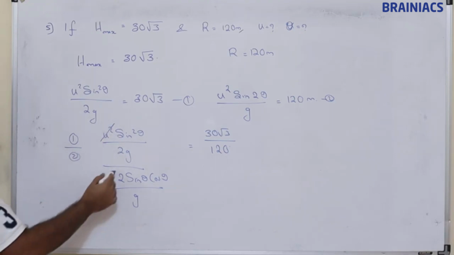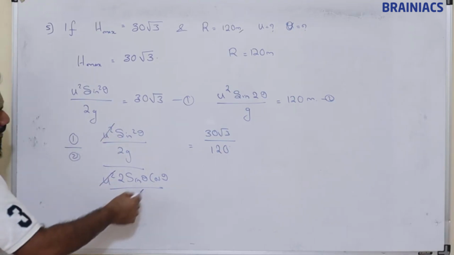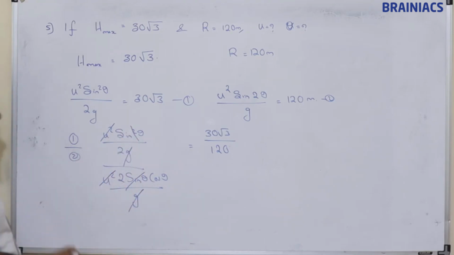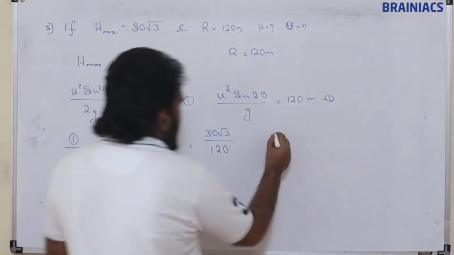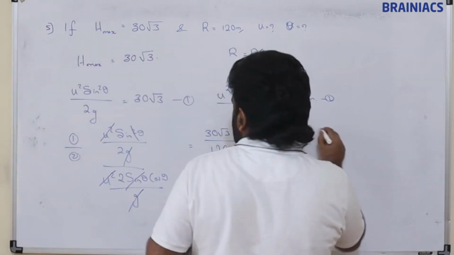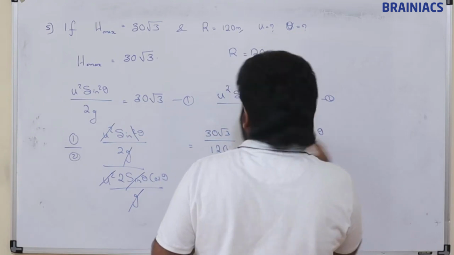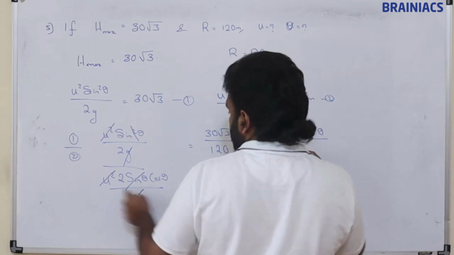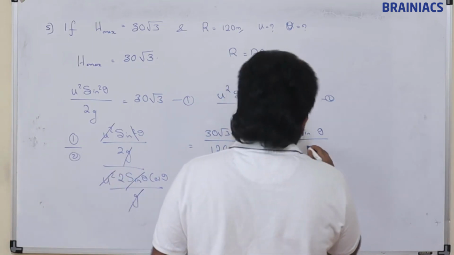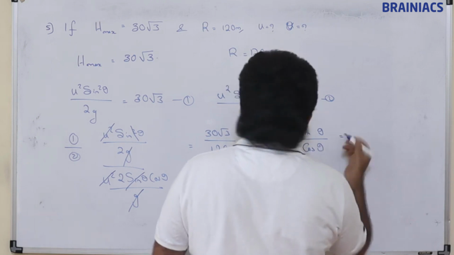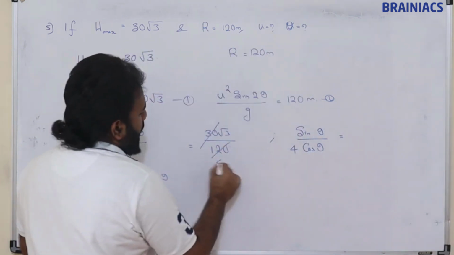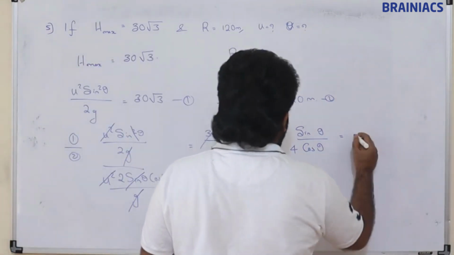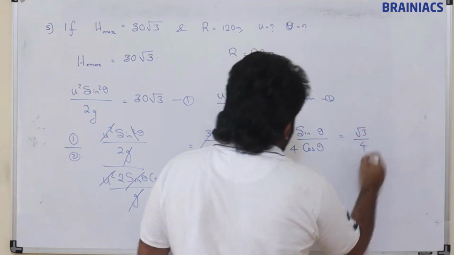So u square will be cancelled off, g will be cancelled off, sine theta square will be cancelled off. So we will be getting sine theta divided by 4 into cos theta, this is equal to root 3 by 4.